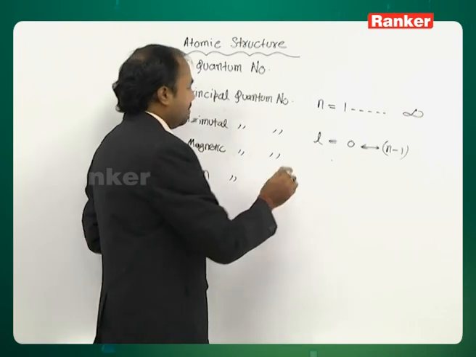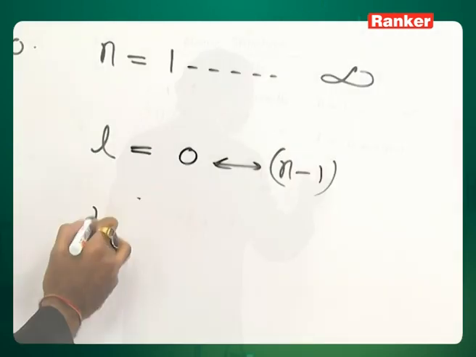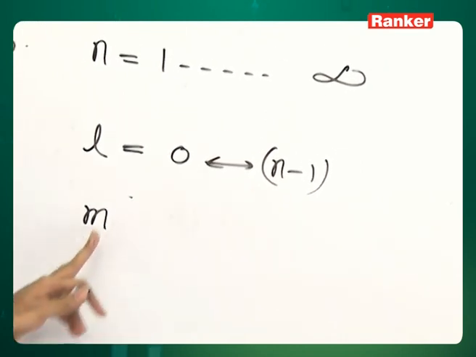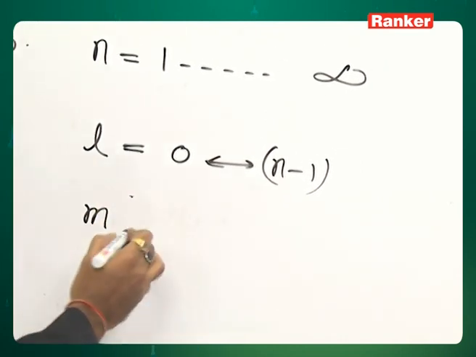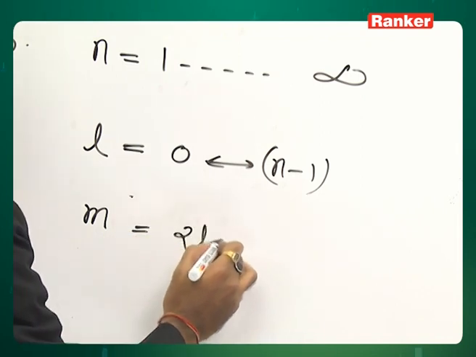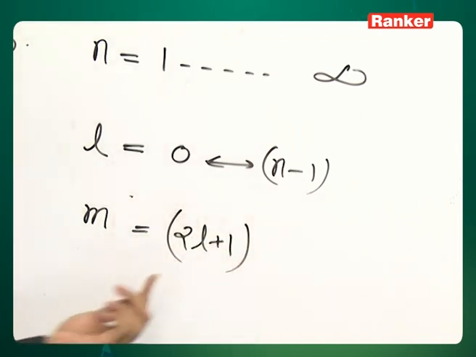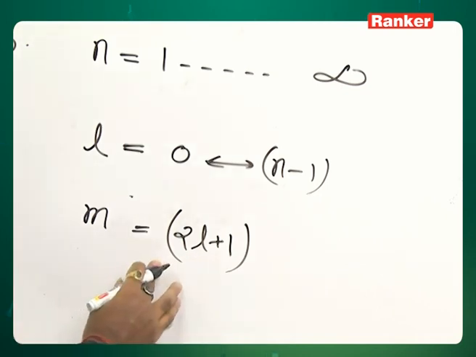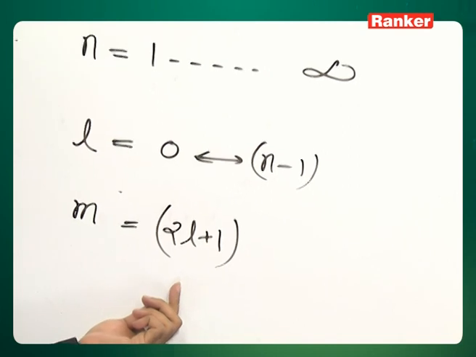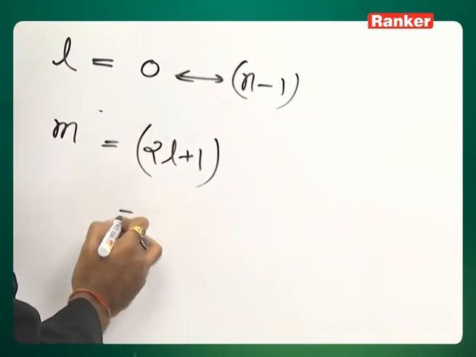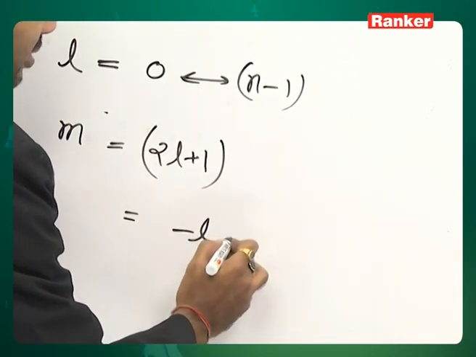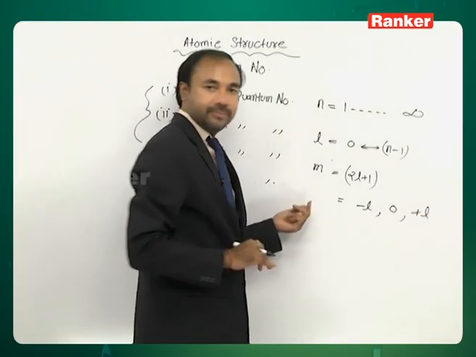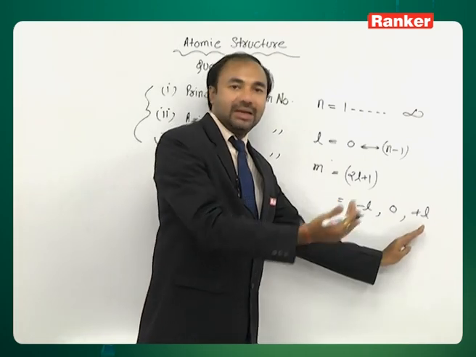The magnetic quantum number is usually denoted by M, and for a particular value of L, there will be 2L plus 1 values of M, right? The values are given as numbers from minus L to plus L including 0. Minus L to plus L including 0.